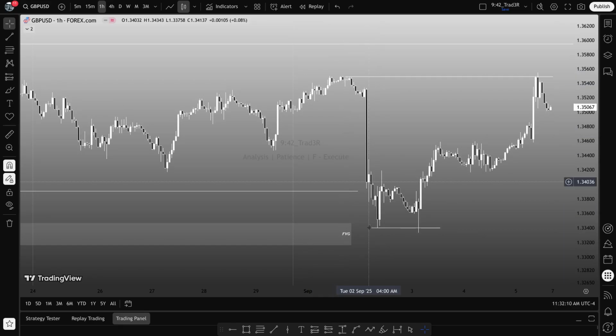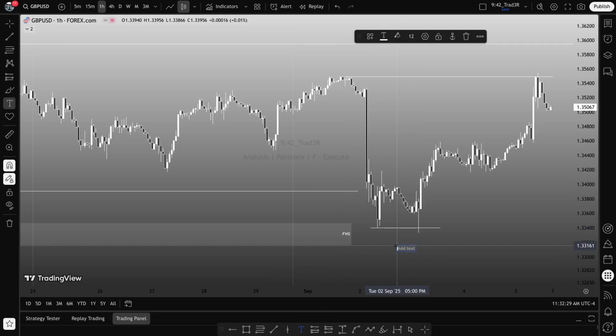This is range high, range low. Price left range low during Tuesday, middle of the day, and price came back on Wednesday at 3 a.m. Nice time and turtle soup in play here.